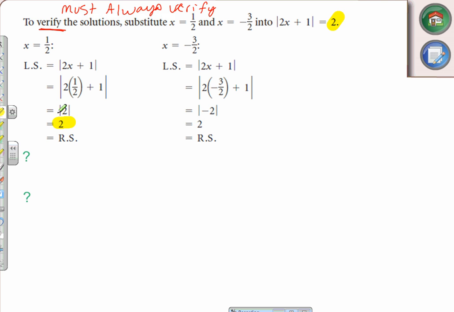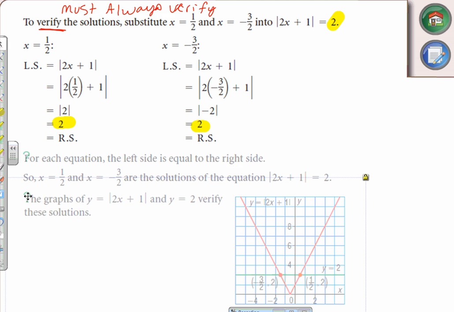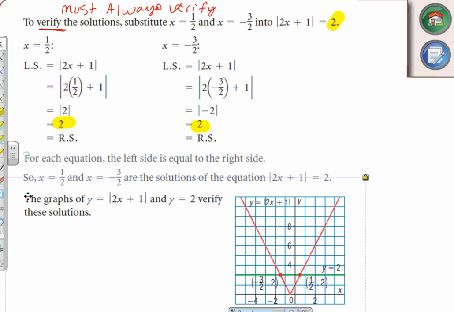It equals 2, negative 3/2 works. Those are both solutions. If they don't work, then we've got an extraneous situation. You can always verify them on the graph as well. If it's on the graph, they are real answers.